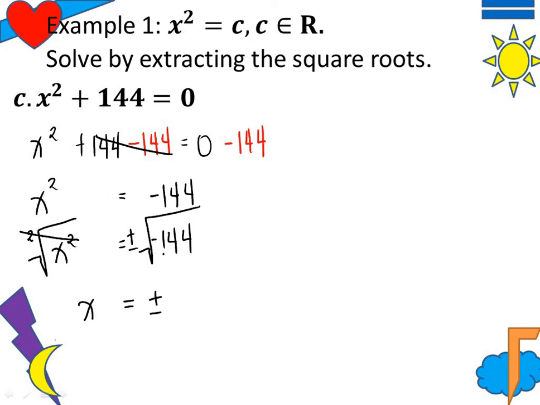Now, think of two same number na kapag multiply mo, ang sagot ay negative 144. So, wala. Therefore, the value of x is positive negative square root of negative 144 or pwede mong sabihin, no real roots.